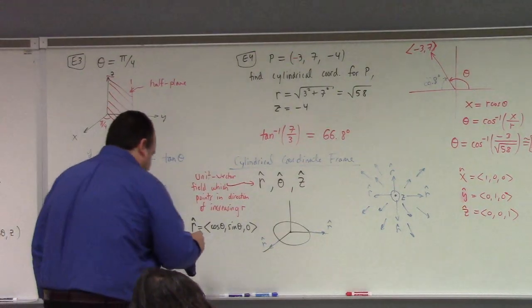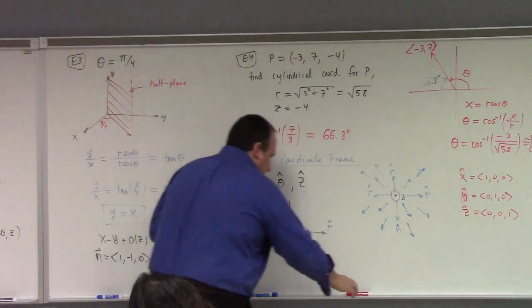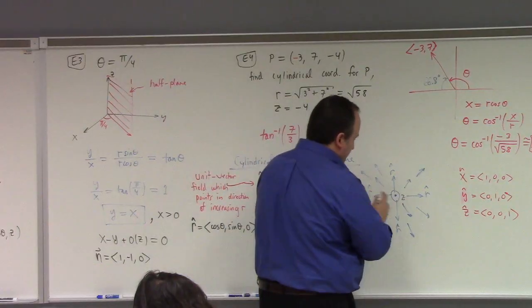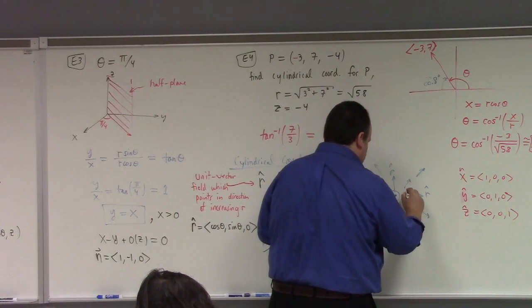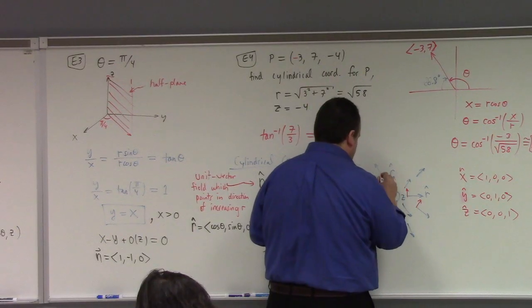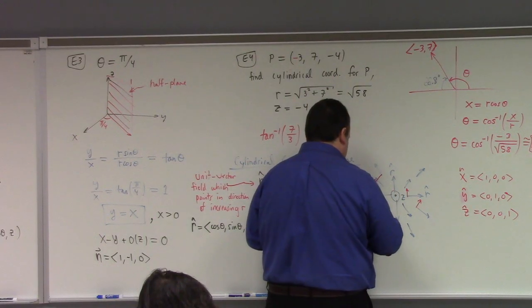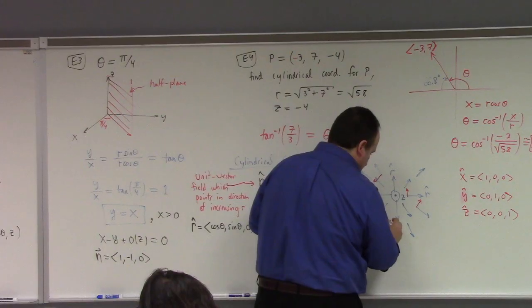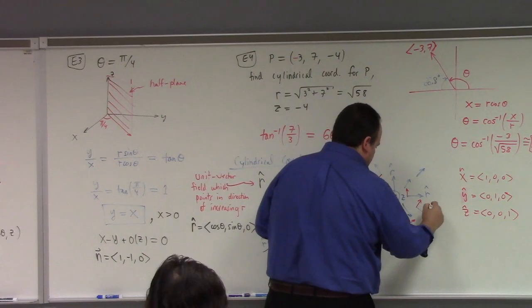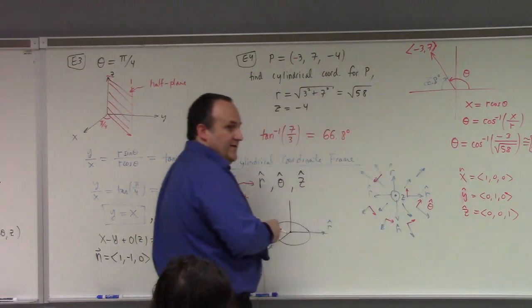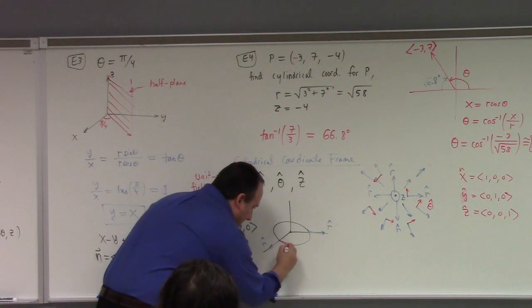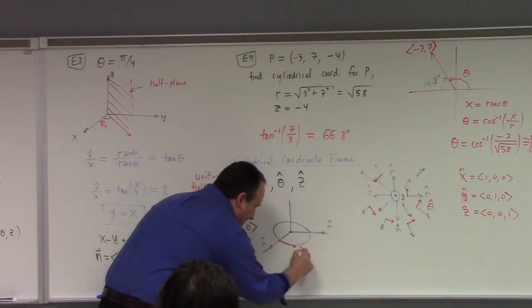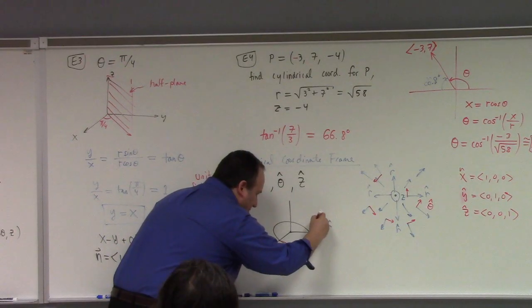Now theta hat, I'll picture. If this is the positive z coming out of this, theta hat is always 90 degrees from r hat, and it's pointing in the counterclockwise sense as you go around, all right? So here I'm plotting some theta hats from above. If I'm so foolish as to draw it in 3 dimensions, the theta hat looks like this, and it goes into the board there.